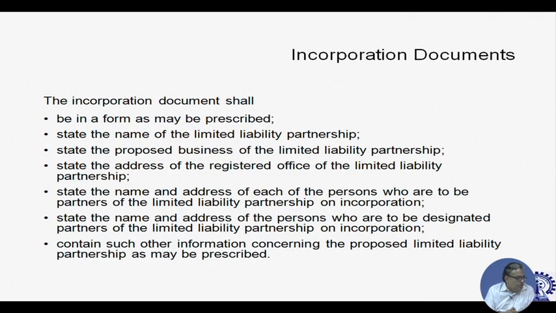Then you need to specify the name and address of the person who will be the designated partner, and for that matter you need to give other information concerning the proposed partnership as may be prescribed by the authority from time to time.